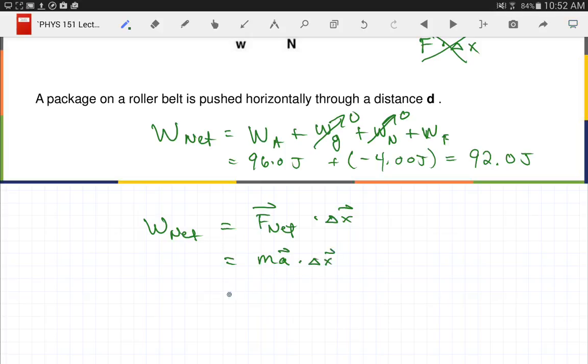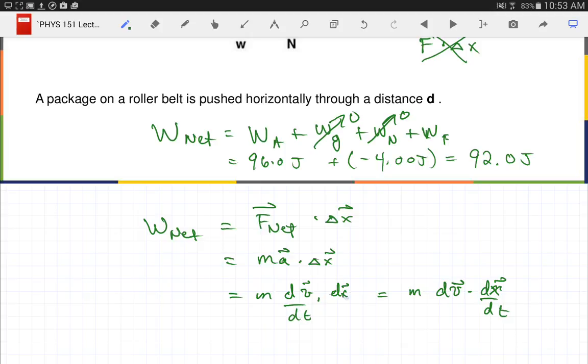And then with calculus, you have that's equal to mass times dv. I know only some people in class are following this.